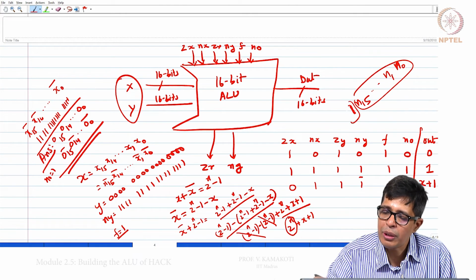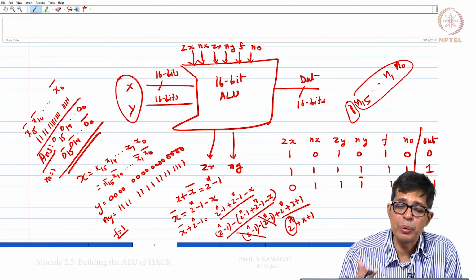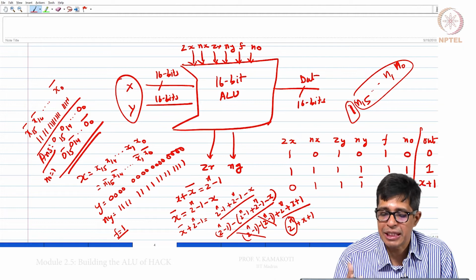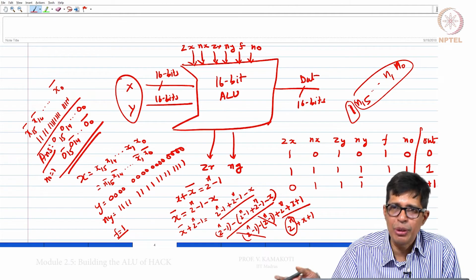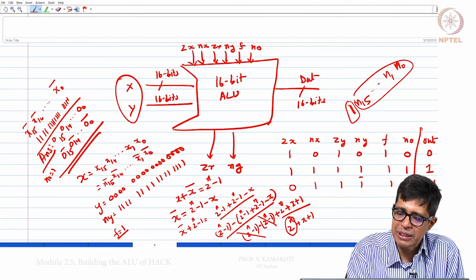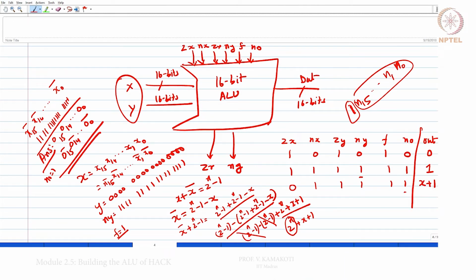So, this 1 automatically will escape, because our computers can only store up to 16 bits. We start with A0, we go till A15, so 2 power 16 will be the 17th bit. So, n has been 16 here, and 2 power 16 plus x plus 1 will essentially become x plus 1. So, that is how I increment x.